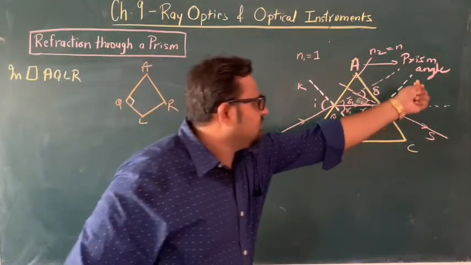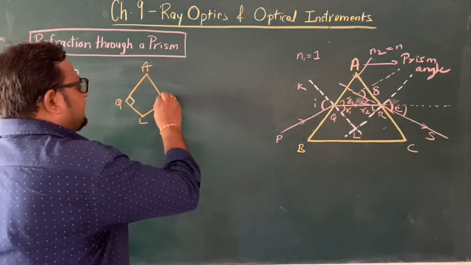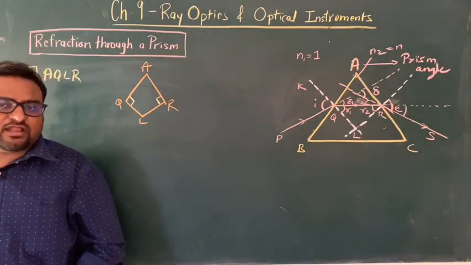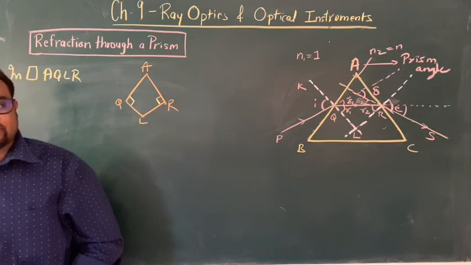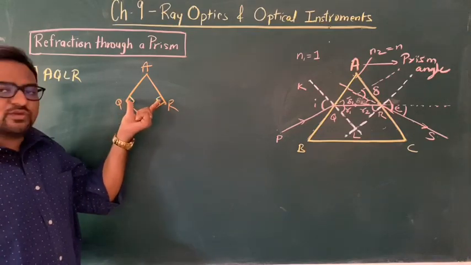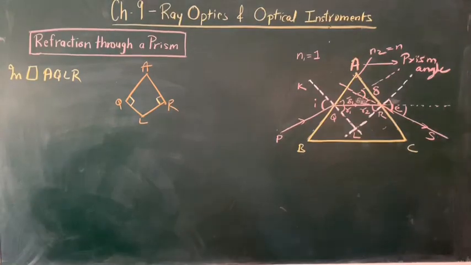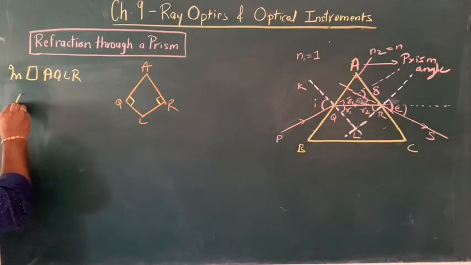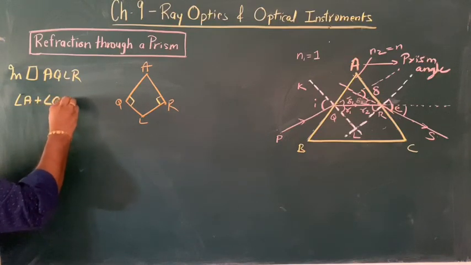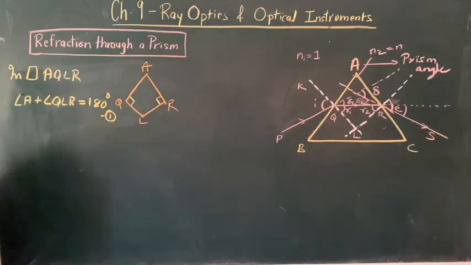And again, RL is the normal, so this angle will also be equal to 90. Now we know that the summation of all the angles of a quadrilateral is 360 degrees. So if these two are 90 plus 90, 180, then angle A plus angle QLR is equal to 180 degrees.